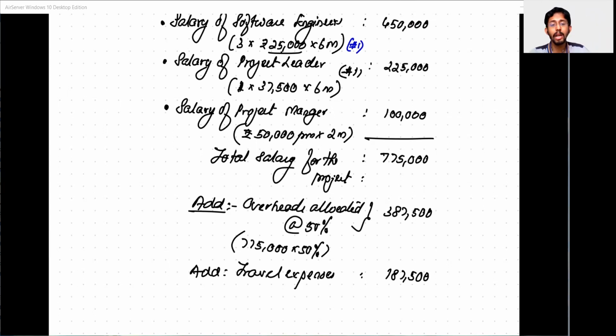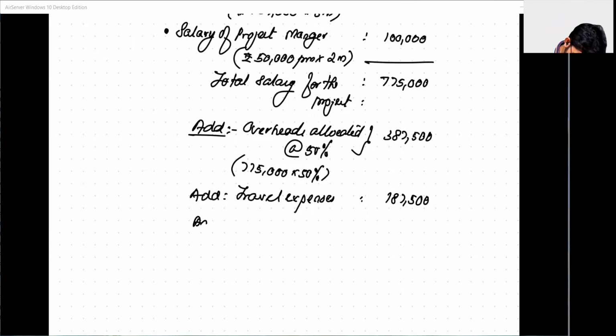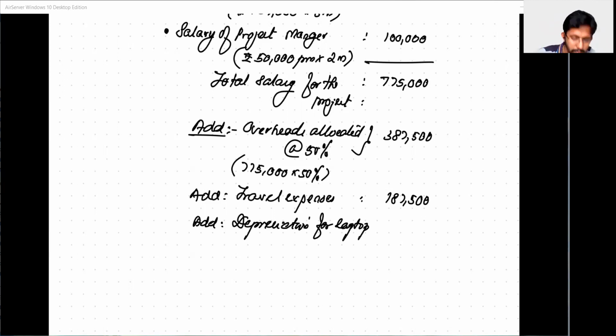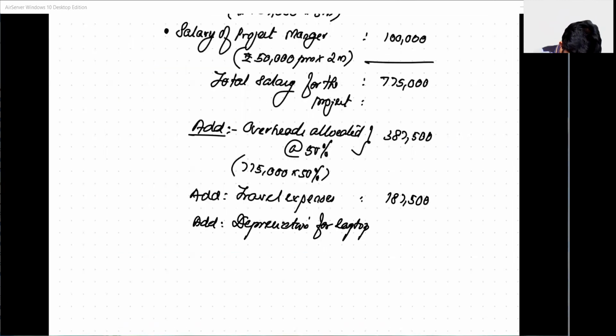Then you have purchased 2 laptops for which you have to charge the depreciation. So add depreciation for laptop. What is the cost of laptop? 2 laptops were purchased at a cost of 50,000 each. So 50,000, 2 laptops.